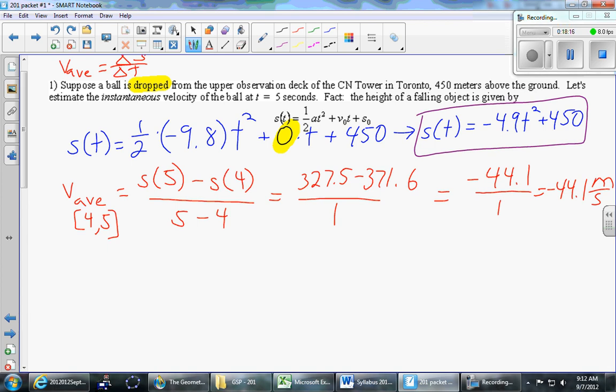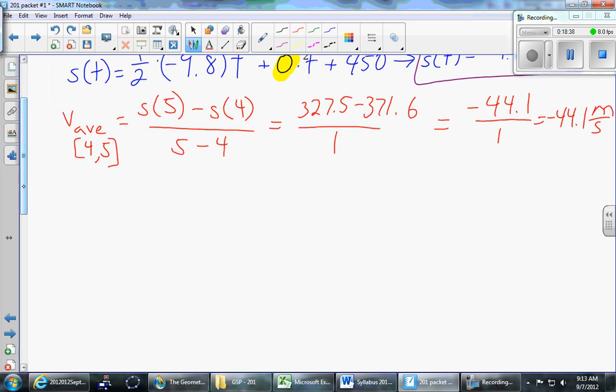It's a velocity, so meters per second makes sense. But what were the numbers on top? The 327 was meters, right? And the 5 and the 4 on the bottom were time in seconds. So the units agree with what they were. Okay, so maybe roughly we could say it's falling at about 44.1 meters per second. At least that's what it's doing in this interval.